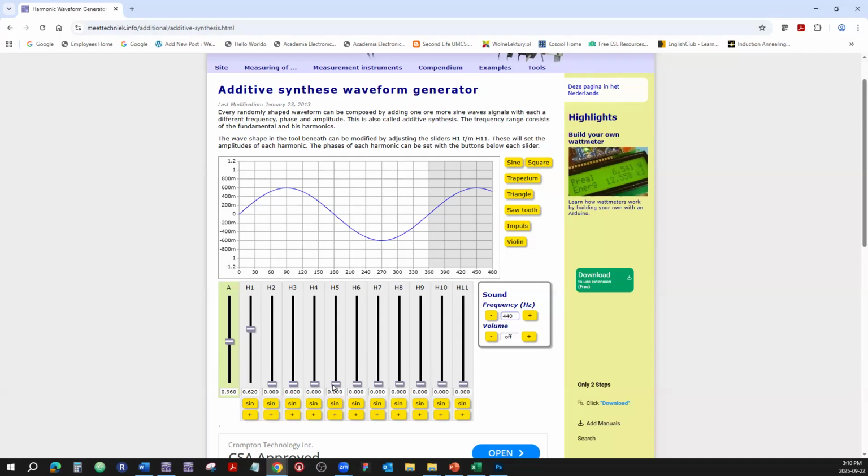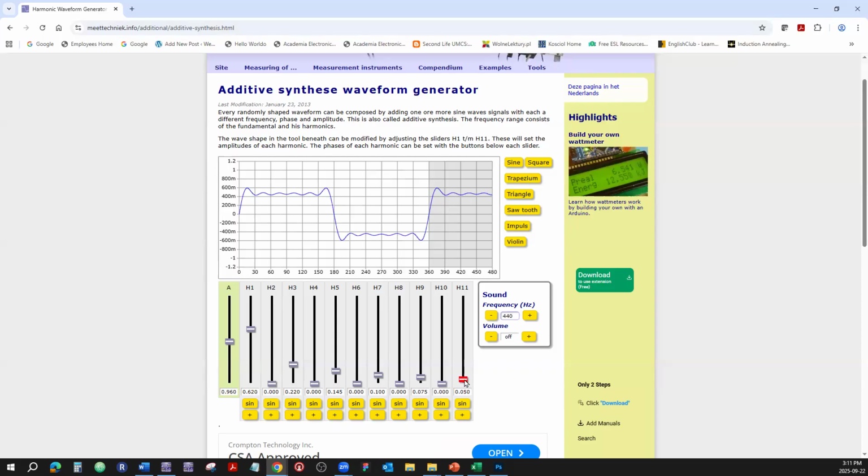Okay, now if we add, let's say, forget the second harmonic, if we add the third harmonic, look what's going to happen. Things are going to start distorting. Okay, let's get the fifth harmonic. See, I'm just adding the odd harmonics, a little bit of fifth, a little bit of seventh, a little bit of ninth, and we have 11th here, so why not?